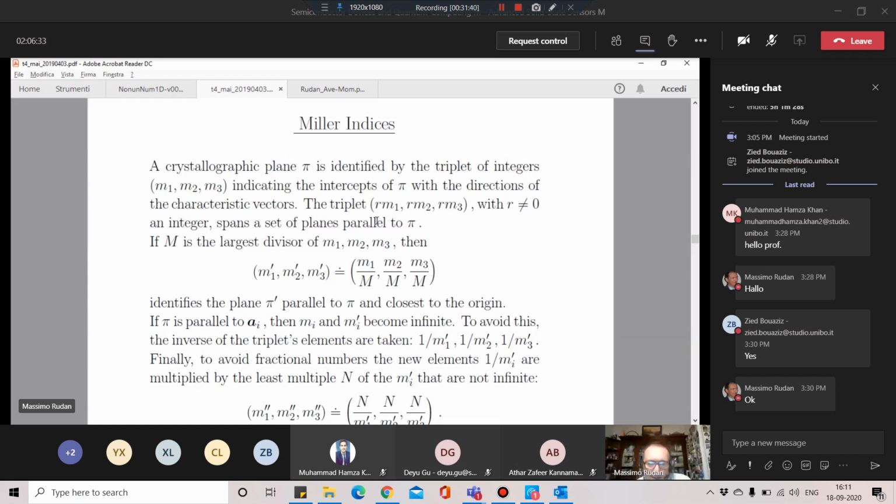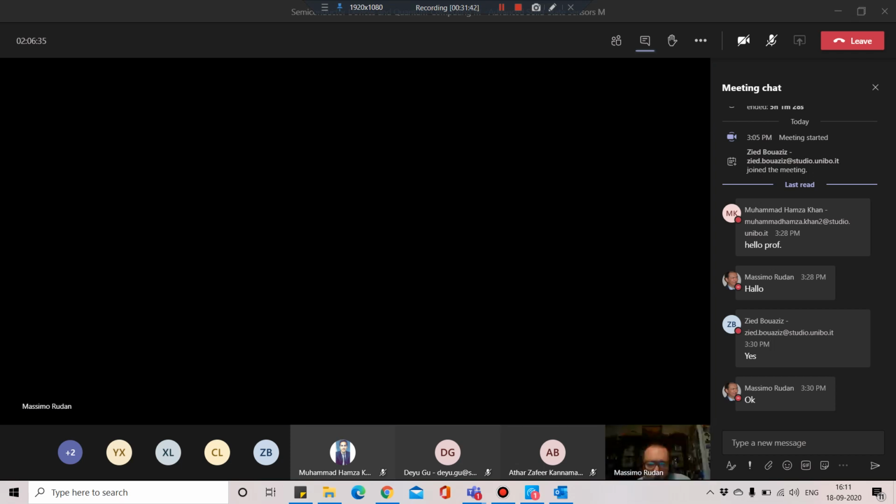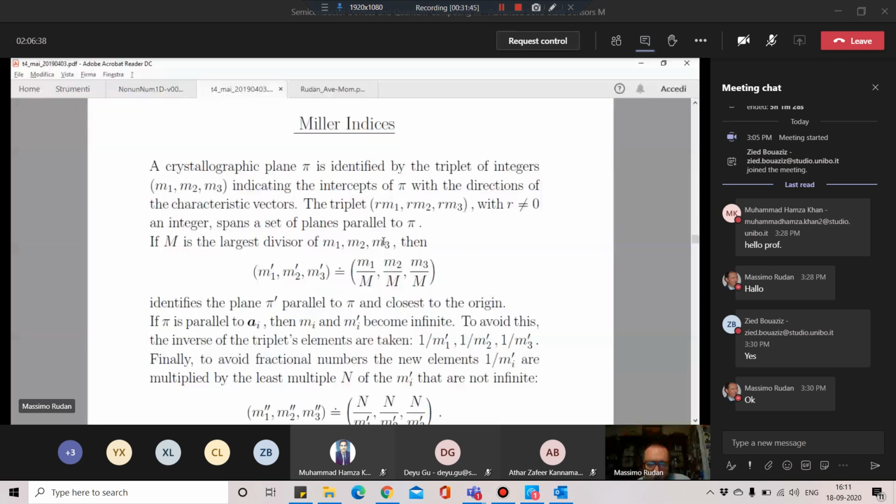Very simply, we find the largest divisor of m1, m2, and m3, we call it capital M, and then we divide the original triplet by capital M. So we obtain another triplet m1 prime, m2 prime, and m3 prime. This is defining a plane parallel to the original one and the closest to the origin, okay?